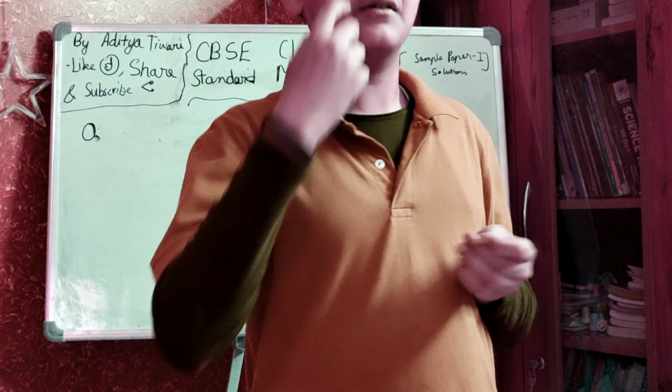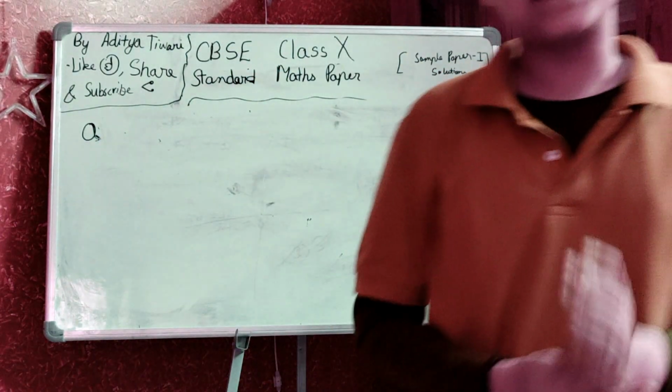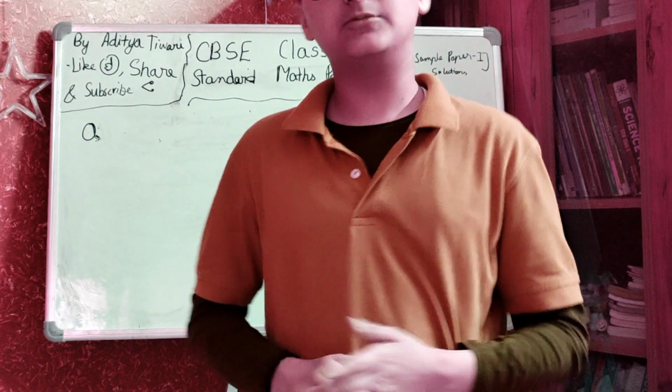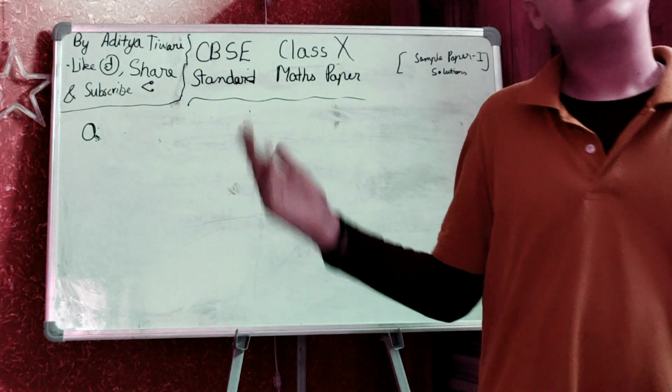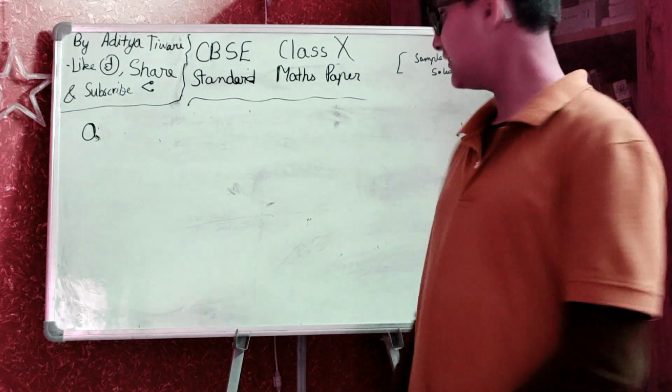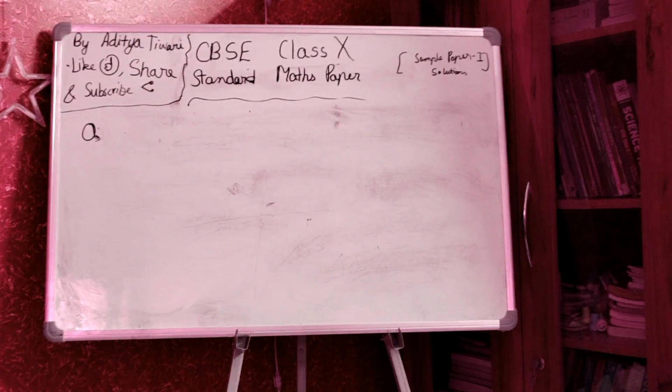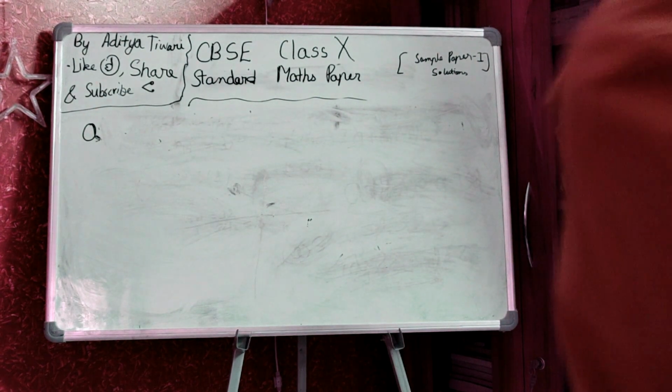If we come to section B, please be prepared for the last chapter, mean median mode. I'll also discuss the answers for that. Okay, so let me just check the time. How much time is left for this video? Okay, it's 27 minutes.